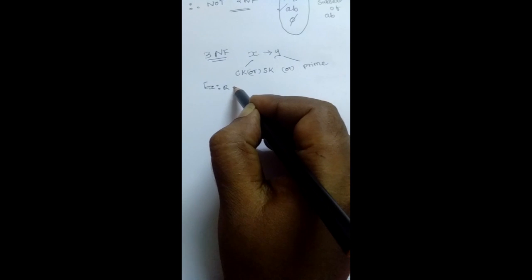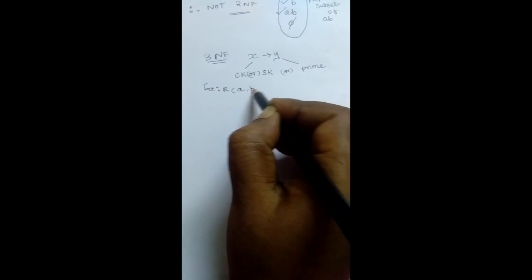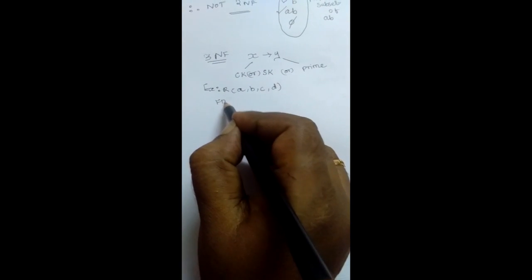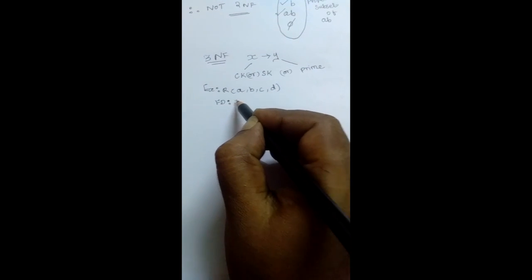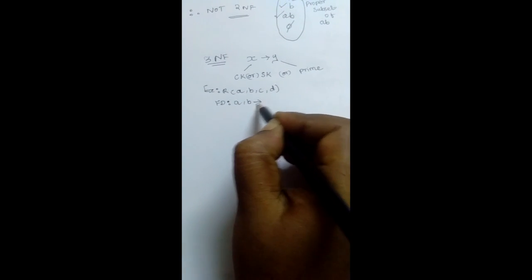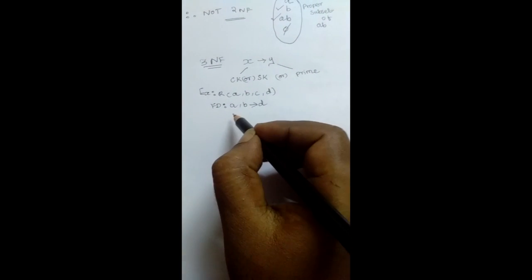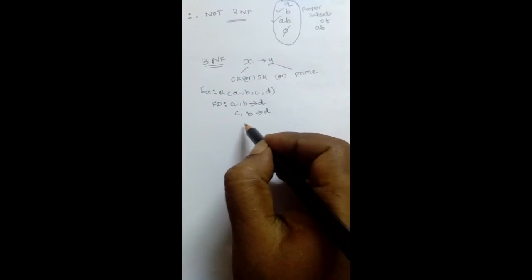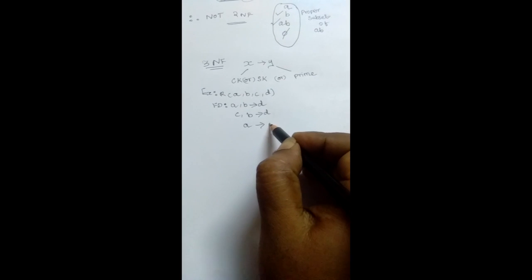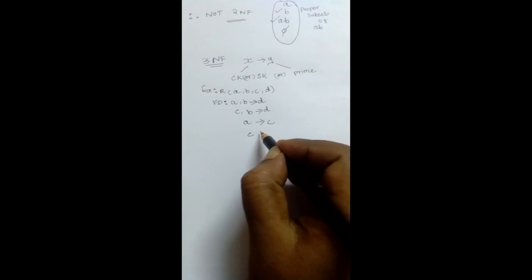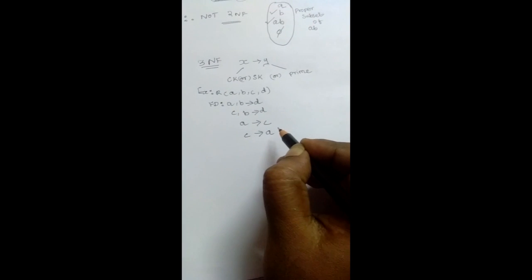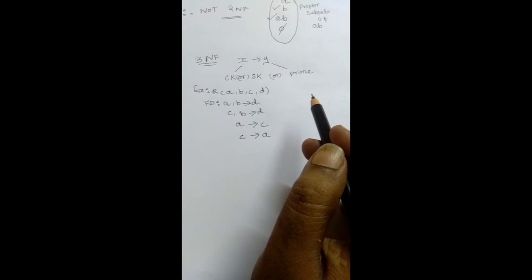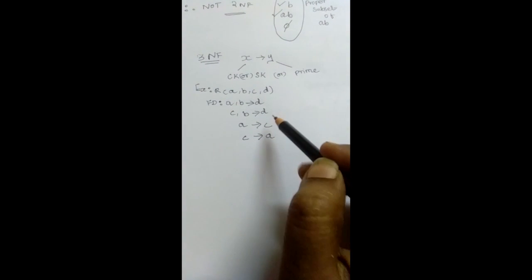For example, the given relation contains four attributes A, B, C and D. The functional dependencies are AB tends to D, CB tends to D, A tends to C, C tends to A. Now we identify the candidate key or super key.